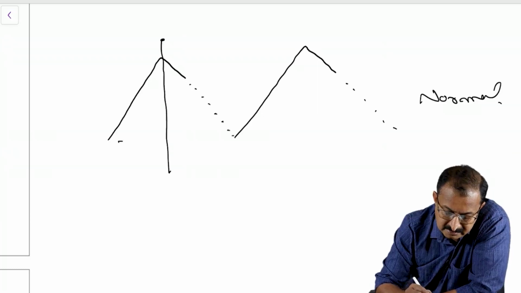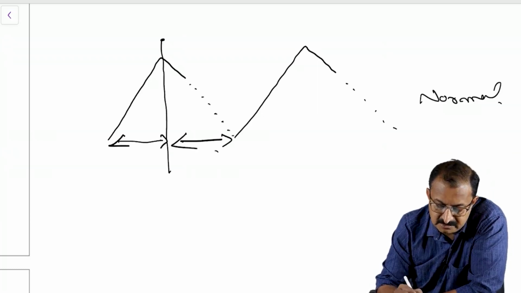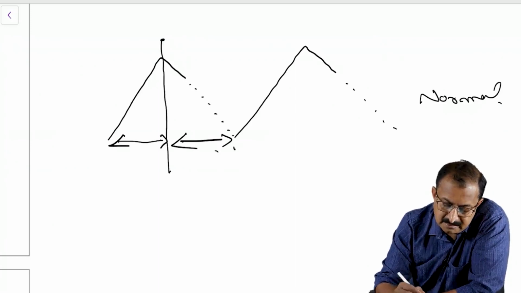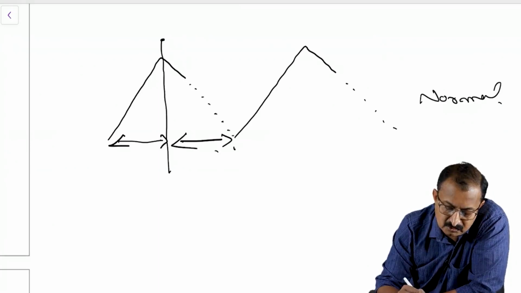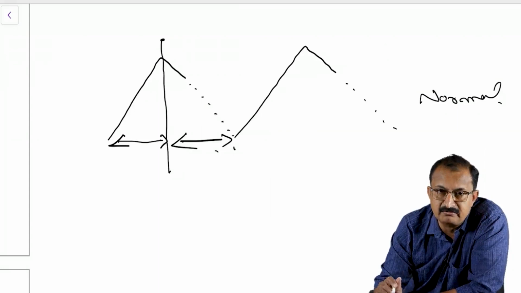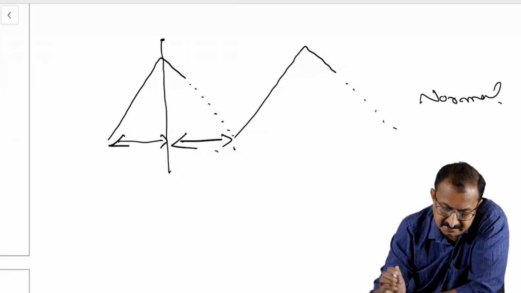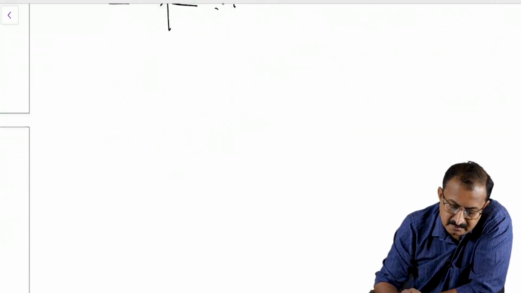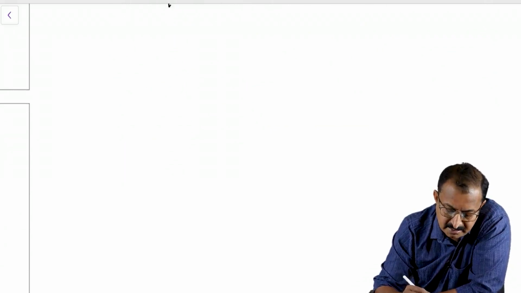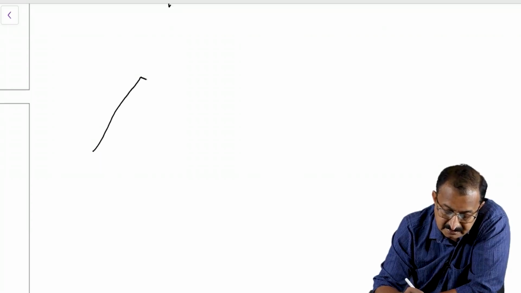If you draw it like this, this is the inspiratory phase, this is the expiratory phase, which is almost equal, and you are hearing breath sounds only during the initial part of expiration. In bronchiolitis and bronchial asthma, what you expect is this is expiration, inspiration, then this is expiration.